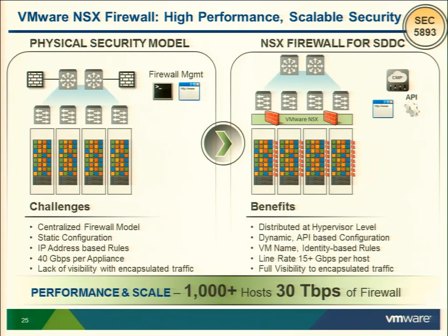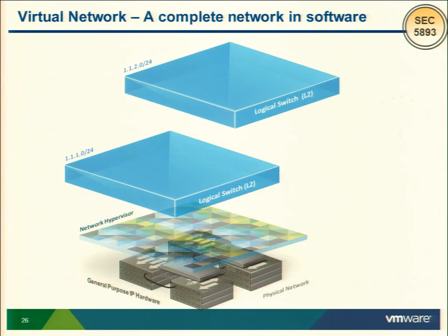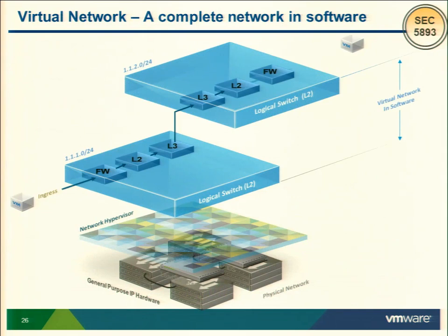From a performance standpoint, if you start pooling your compute, you get 10 gigabits per host times 30 is 30 terabits. So that's the notion of firewalling. So what does this look like again? You firewall before you actually go in, so you can block your packets before they go to a different switch.